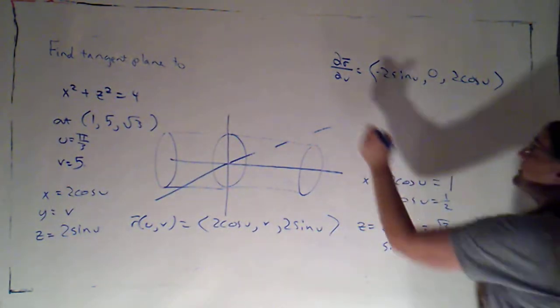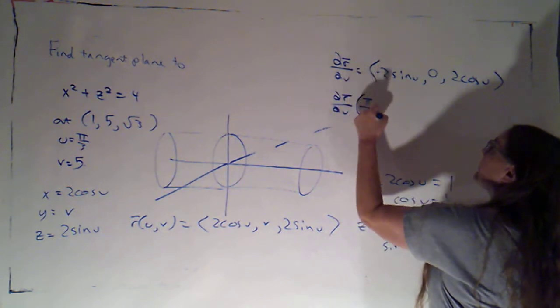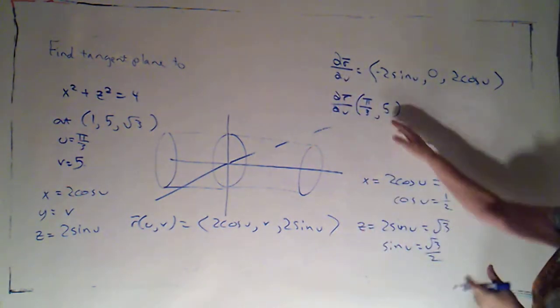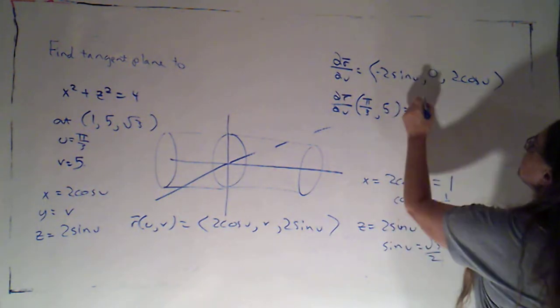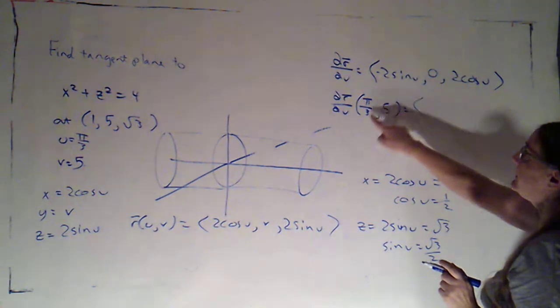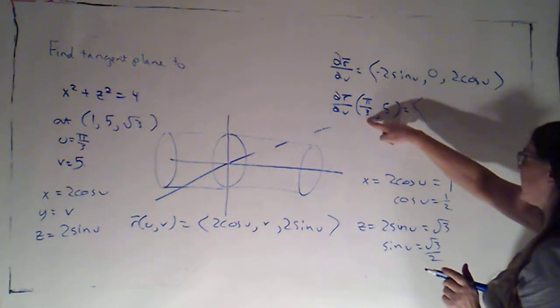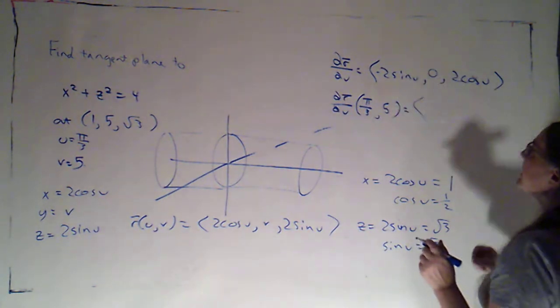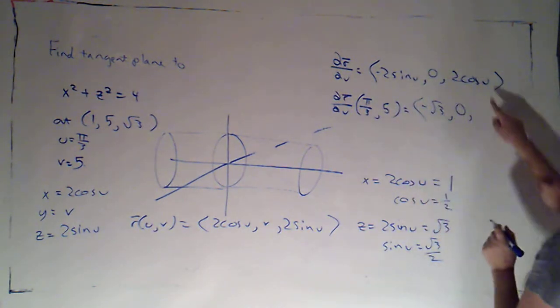So I'm going to evaluate this at (pi over 3, 5). There's no place to plug in the 5, but that's the point that I am plugging in. So sine of pi over 3, that we said was root 3 over 2. So negative 2 copies of that is going to be negative root 3, 0.